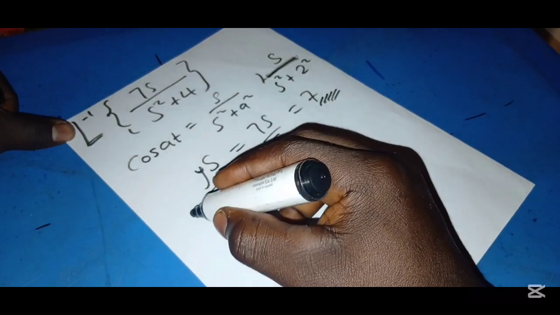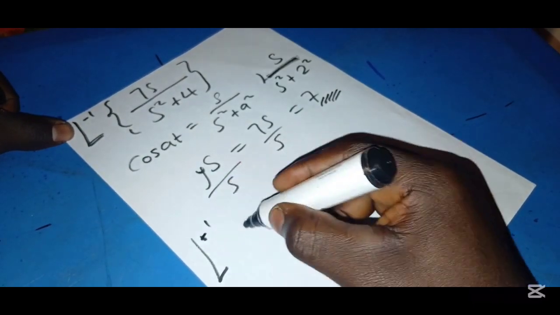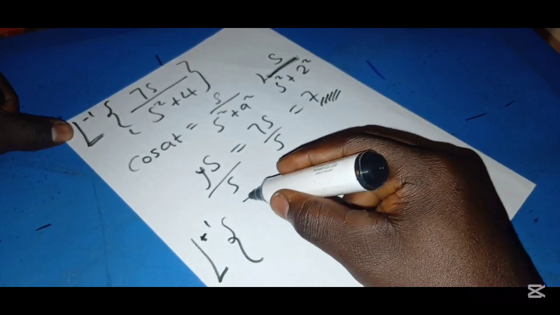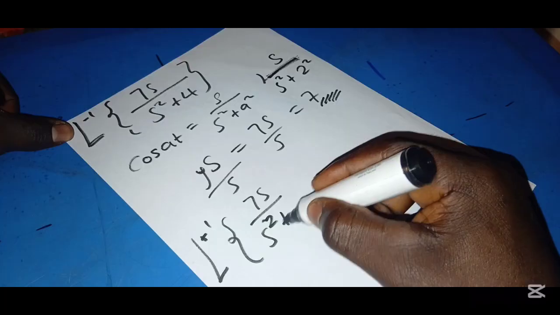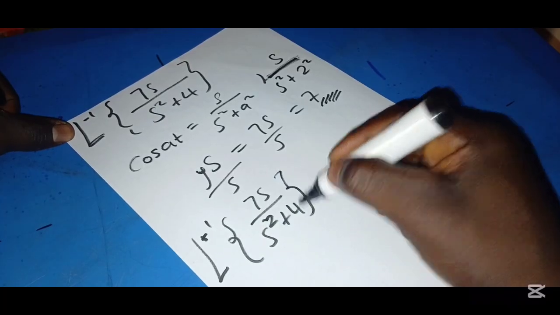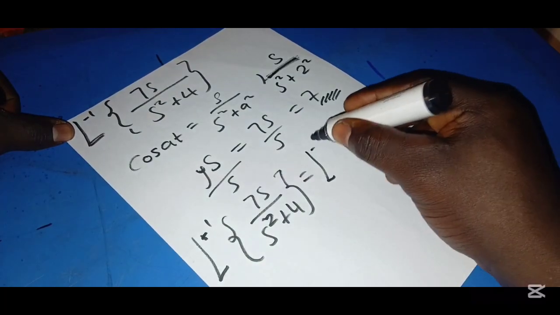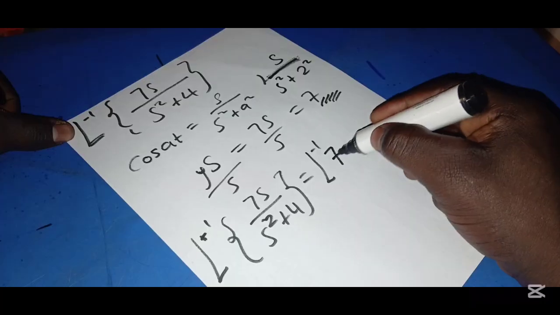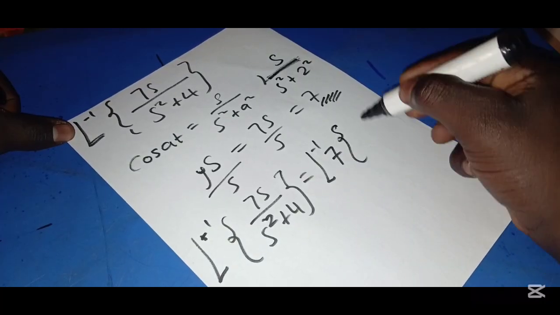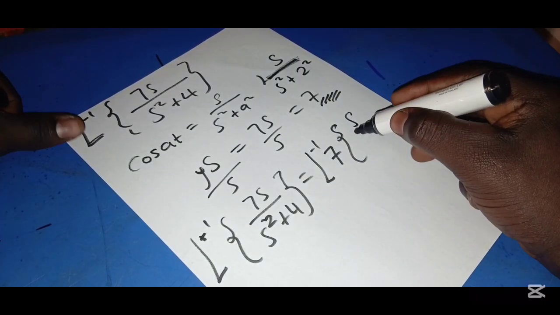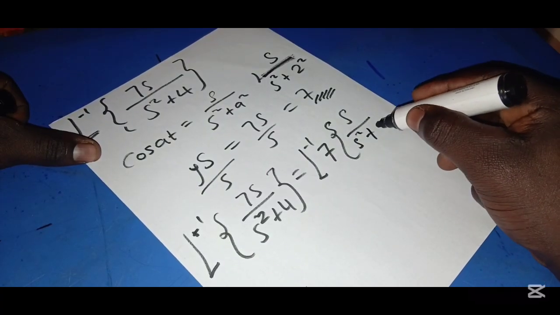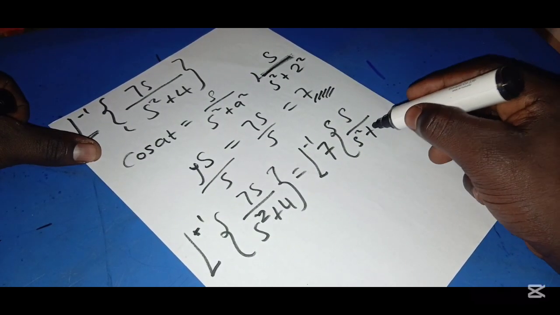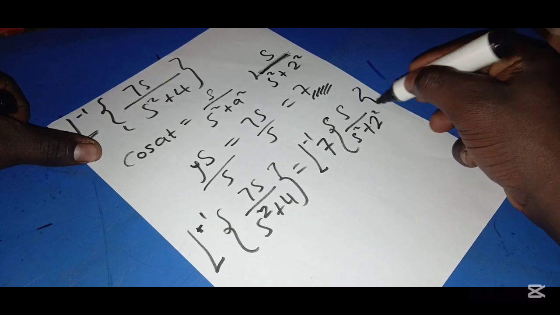This means I have a constant 7, right? So the Laplace inverse of 7s over s squared plus 4 is equal to the Laplace inverse of, I have a constant, so write that constant, 7 times s over s squared plus 2 to the power 2, right?